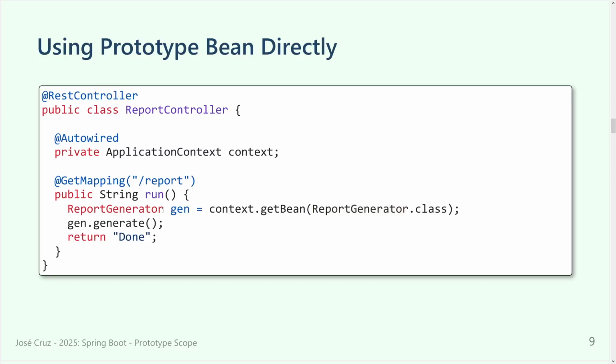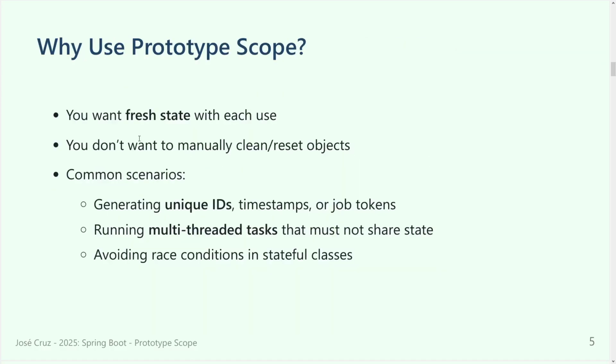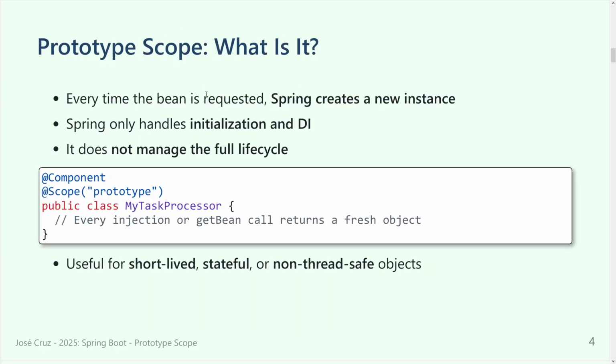Meaning if I have 1,000 web requests here, 1,000 of these beans will be created because of this getBean. This getBean using the application context will take into consideration the definitions of the bean. In our case, they will be prototypes. And again, if it's a prototype, remember when the bean is requested, Spring creates a new instance.